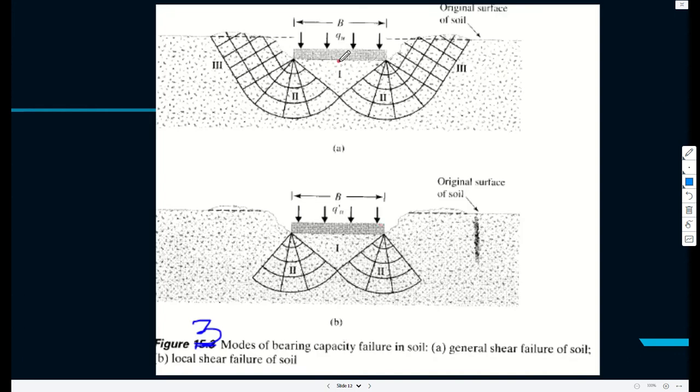So this zone goes down and then pushes this and that sideways.